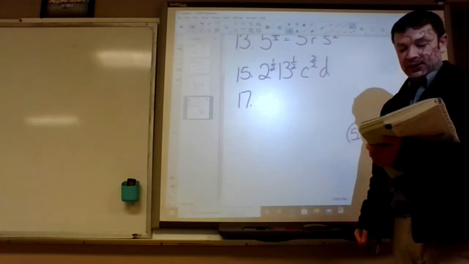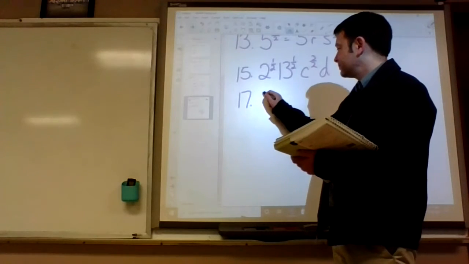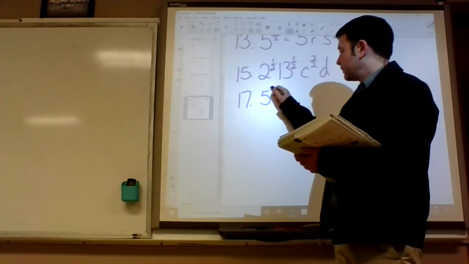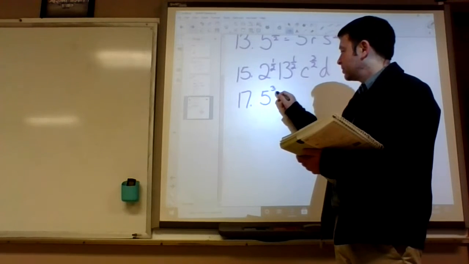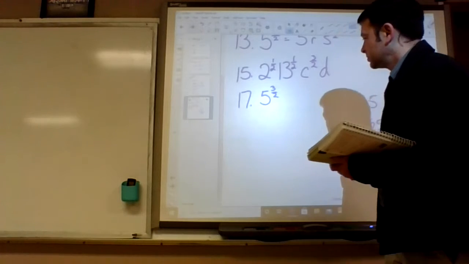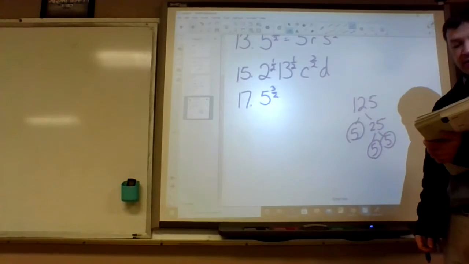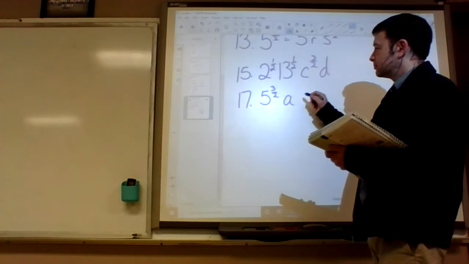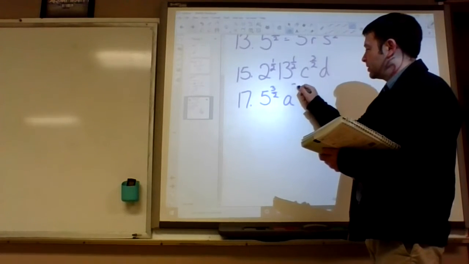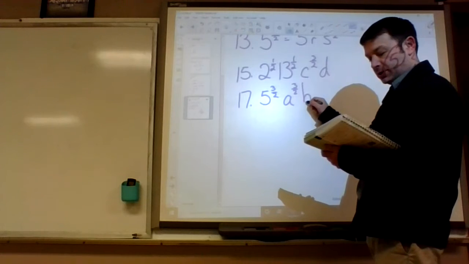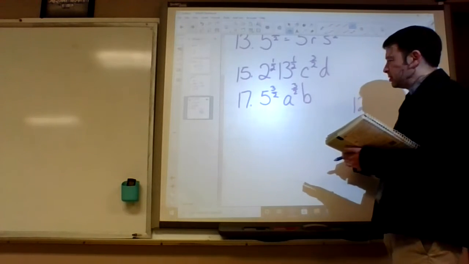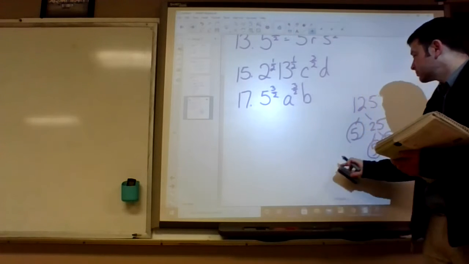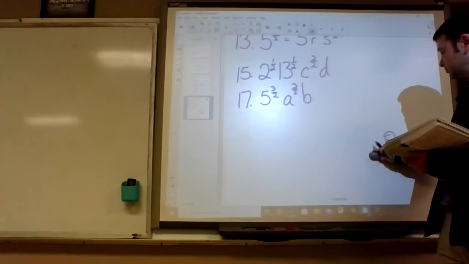So on number 17, it's 5 to the 3 over 2. 3x. Okay. A to the what? A to the 3 over 2. 3x. And B to the 1. So it's just B.